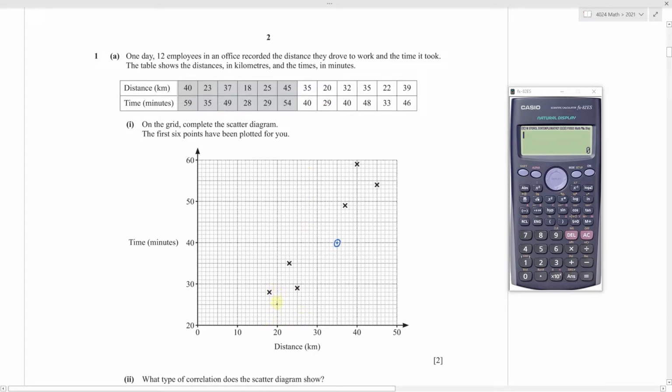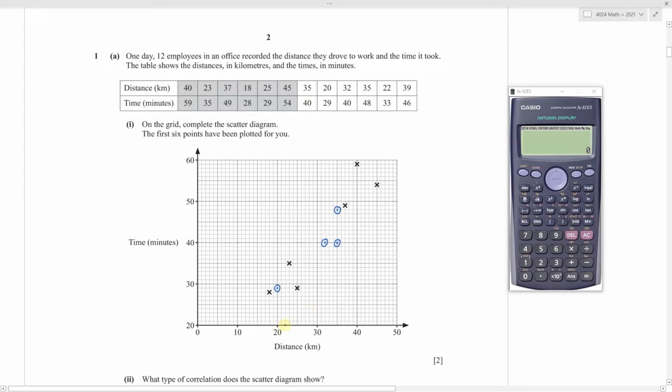So 20, 25, 26, 27, 28, 29. Then 32 and 40. So 32 and 40. 35 and 48. 35, 48 will be 2 below 50 here.